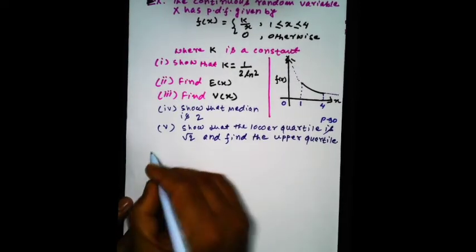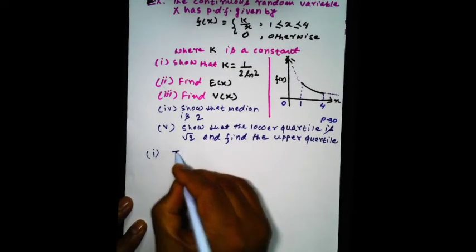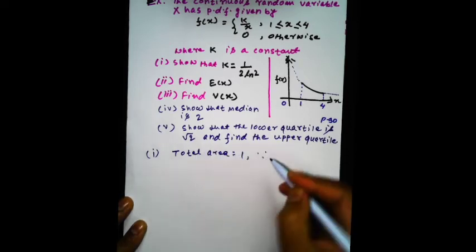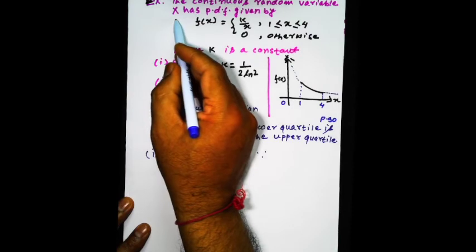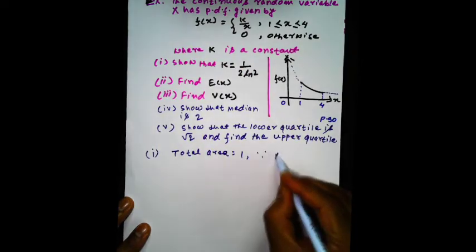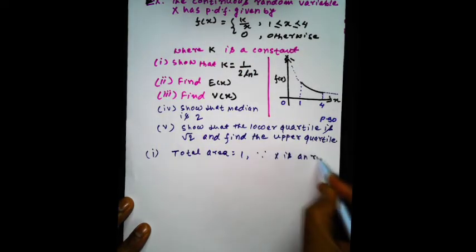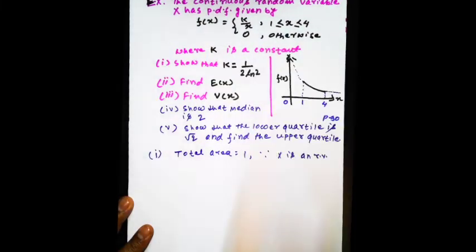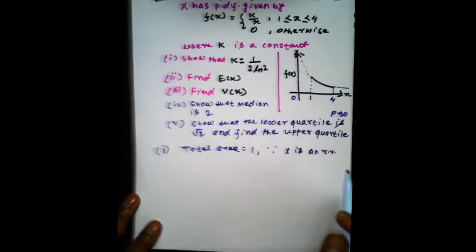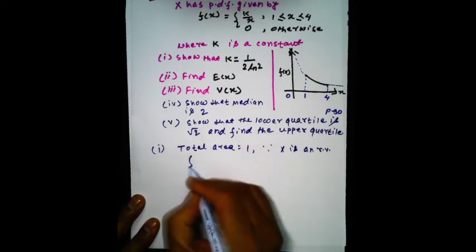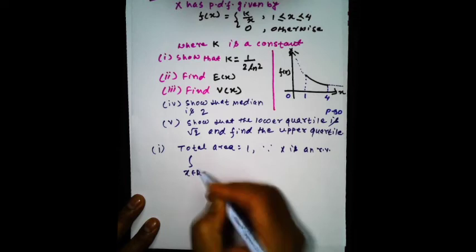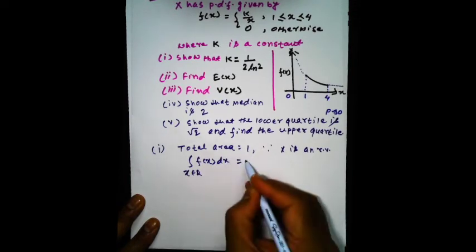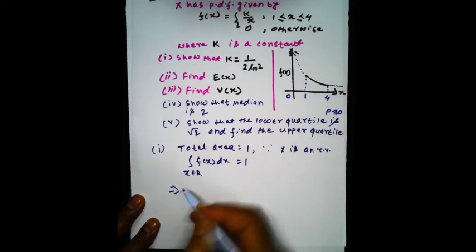So in question number 1, you first have to write total area equals 1, since it is given that x is a random variable, since x is an RV, that is a random variable. Here in this case, definitely this is a continuous random variable. And total area means we write this way: the integral over x belongs to R of f(x) dx equals 1.